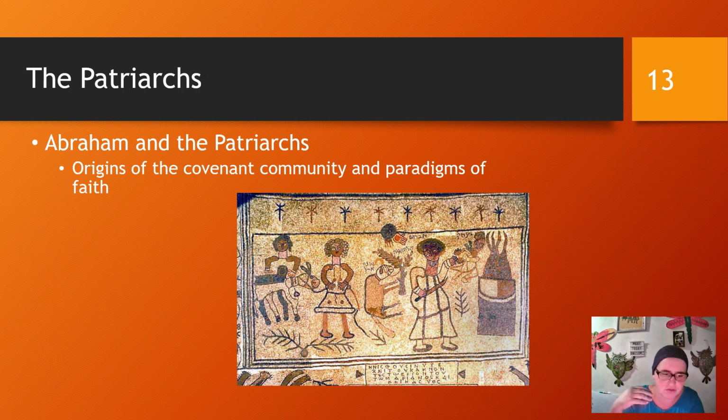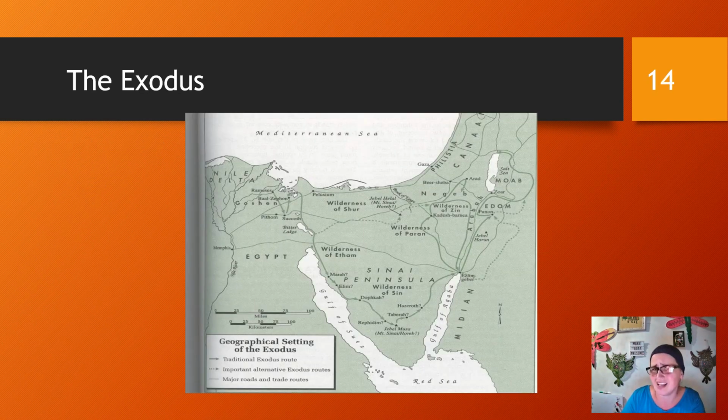So from Abraham, long story short, the 12 tribes descend from Abraham, and Joseph ends up in Egypt. And in Egypt, he flourishes. He invites other Hebrews to come to Egypt, and eventually their numbers grow too big, and Pharaoh enslaves them.